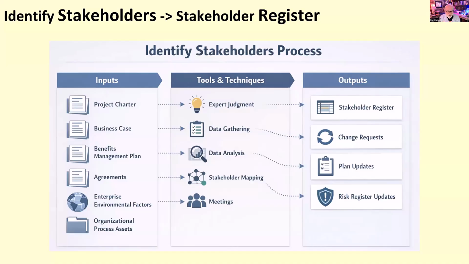And one of the things that happens with stakeholder identification, it can trigger change requests as we get more feedback and more information. It can change updates to plans, because discovering stakeholders reveals new risk, frequently new constraints and new expectations.